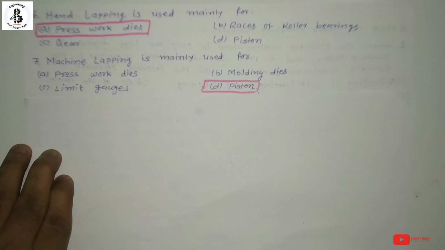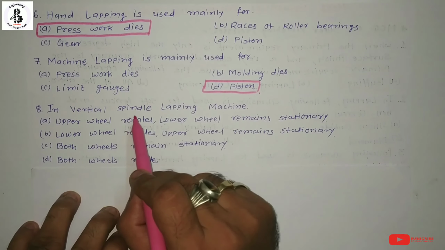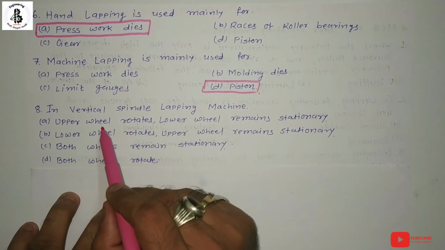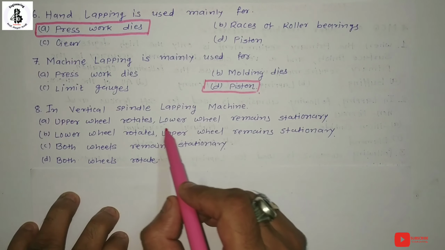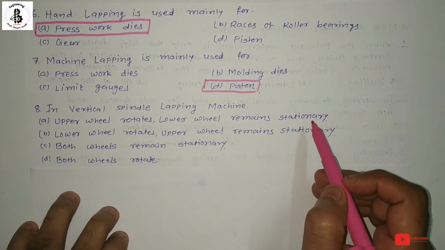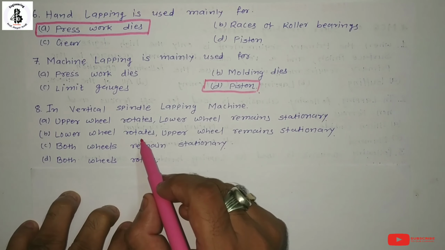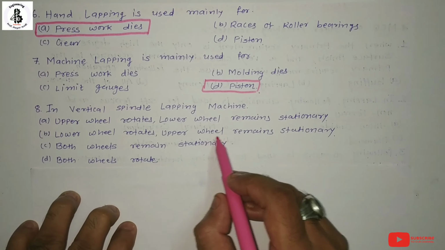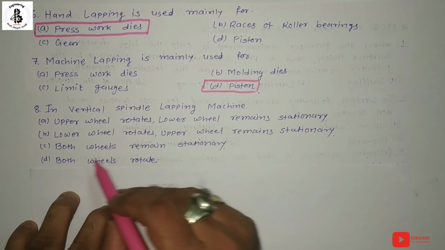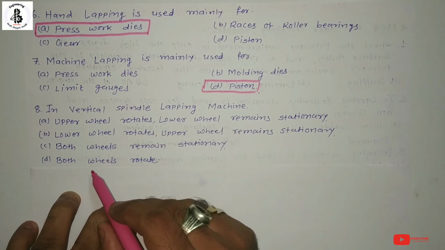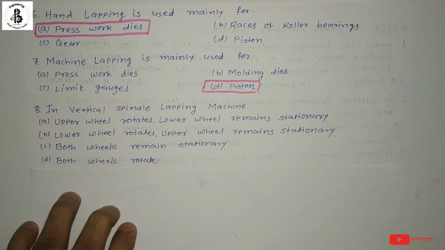Then next question. In vertical spindle lapping machines, option A, upper wheel rotates, lower wheel remains stationary. Option B, lower wheel rotates and upper wheel remains stationary. Option C, both wheels remain stationary. Option D, both wheels rotate.